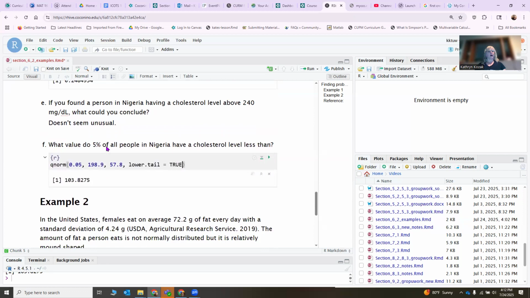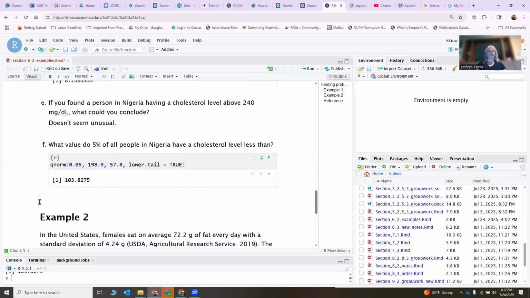And so 5% of Nigerians have a cholesterol level less than 103.8, or if you want, 103, 104. And the units, remember, were milligrams per deciliter.